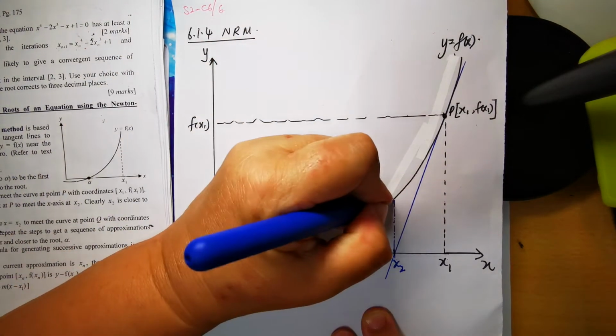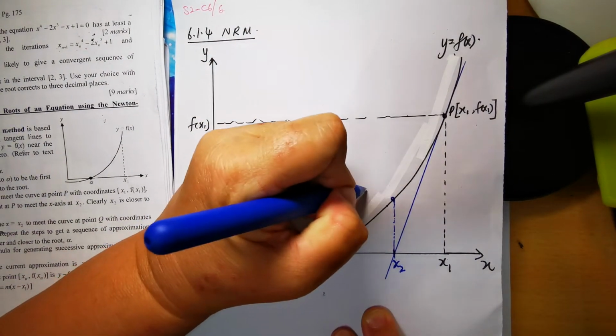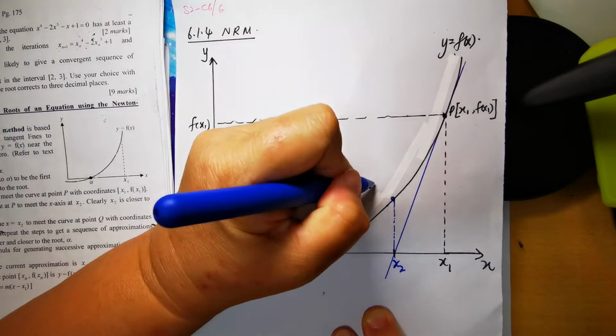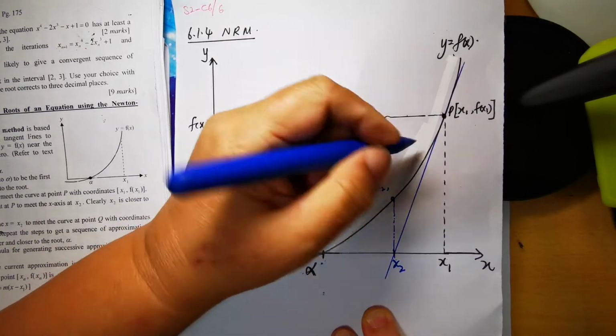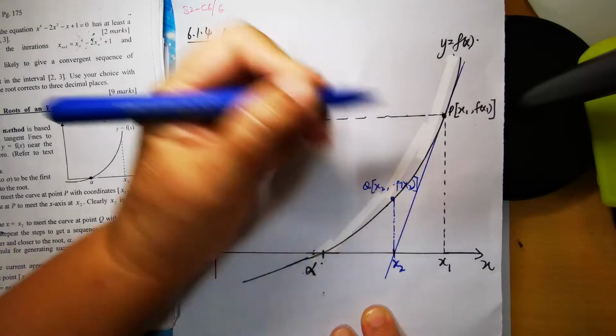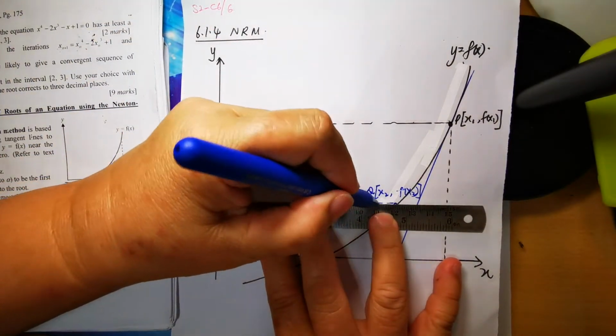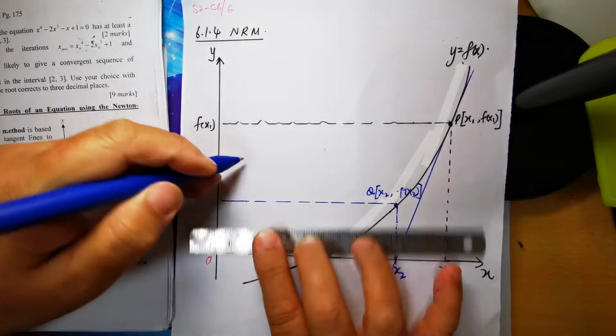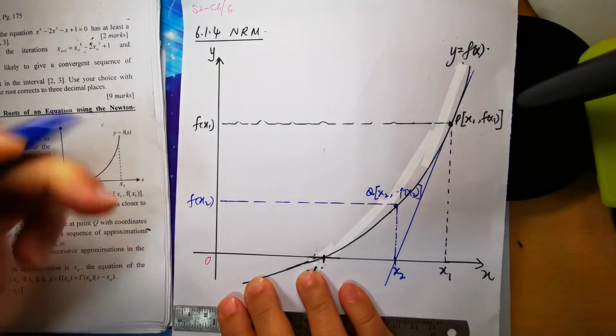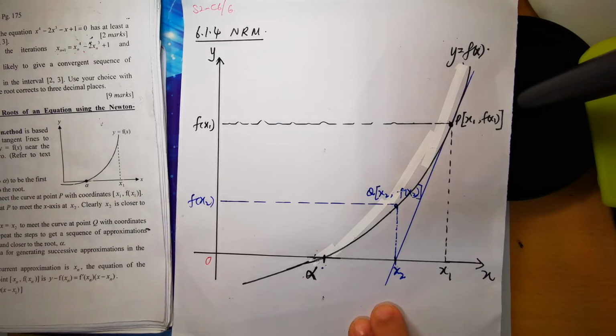Let's name this point Q, with coordinates x2 and f(x2). So this is x2, and here is f(x2).